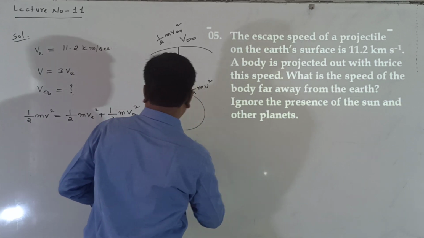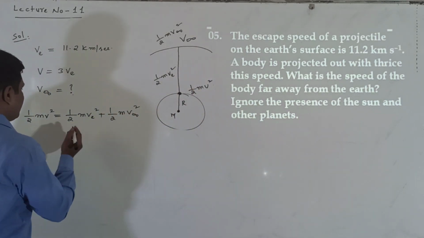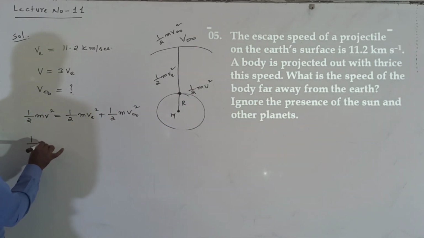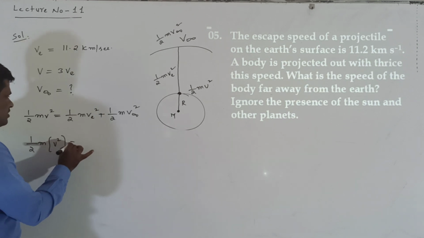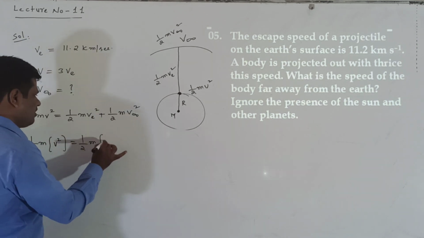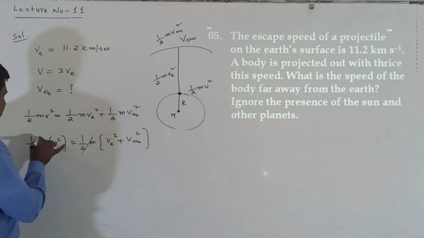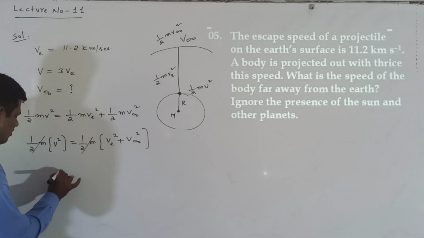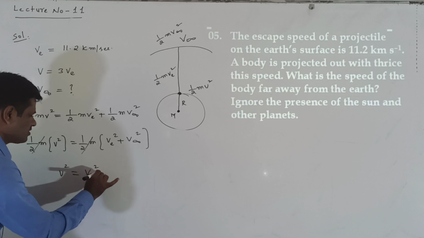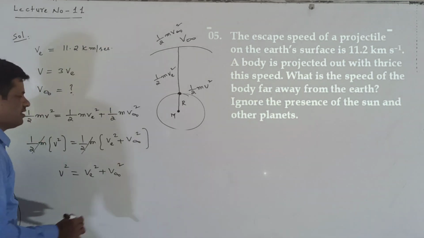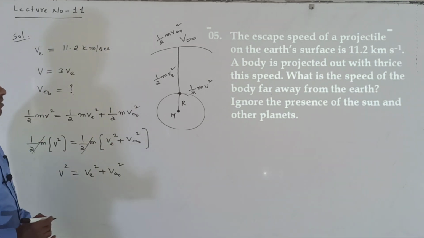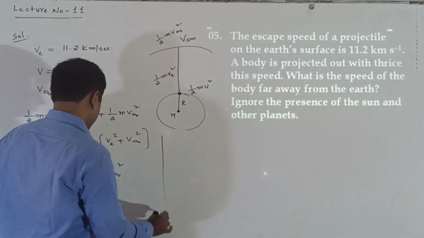Okay, right. So from this we write, taking half m common, v square is equal to v square plus v infinity square, the half m cancels. But v infinity is asked.